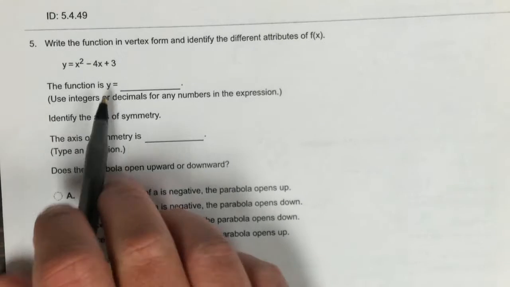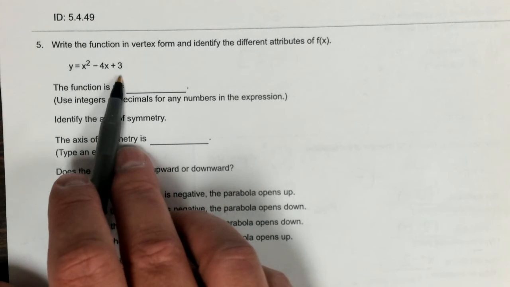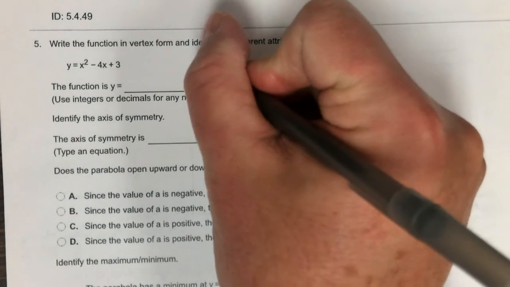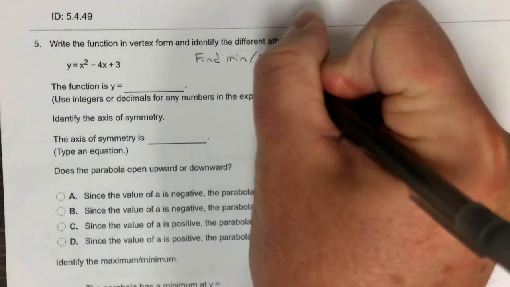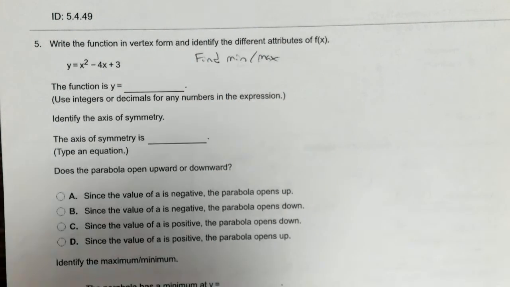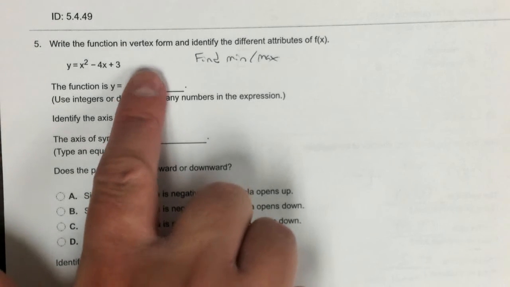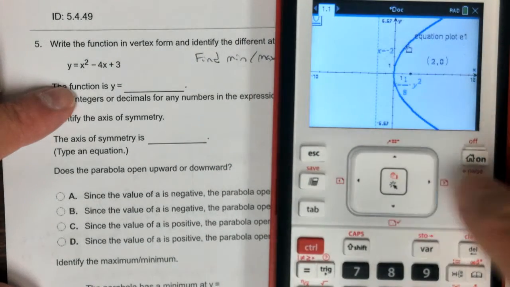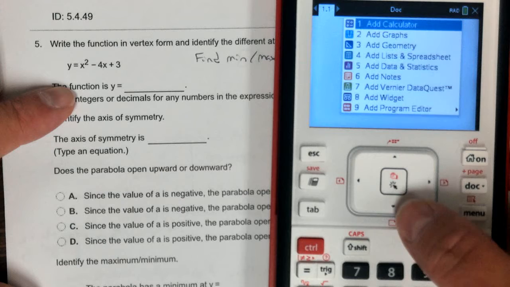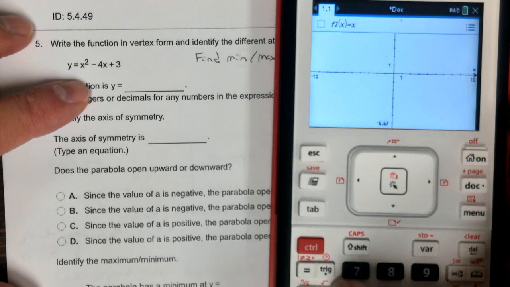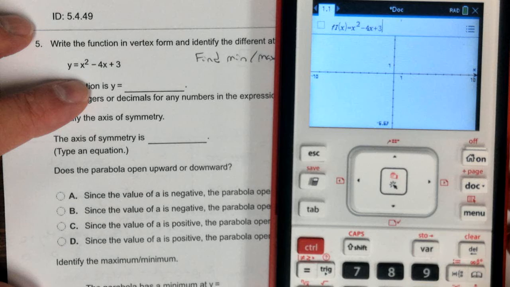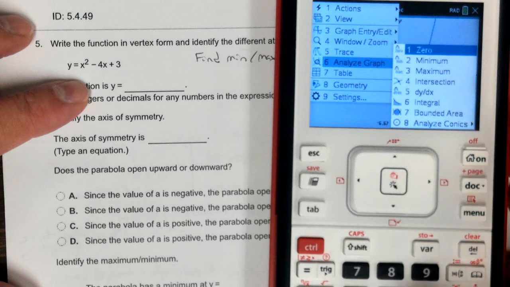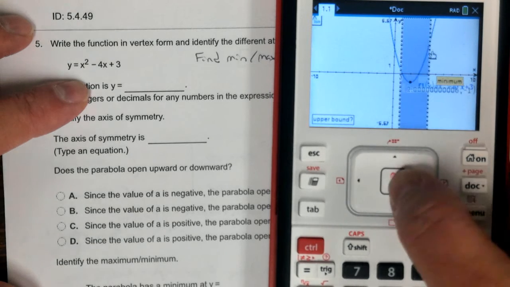Okay, the next one says identify this in vertex form and identify your attributes. So basically you're going to graph this and then find the minimum or maximum, because we have to change to the different form, which is vertex form. So what we start with is graphing, and you put x squared minus 4x plus 3. Okay, right there. Menu 6, it's a low point, so it's 2, and so you go from here to here.